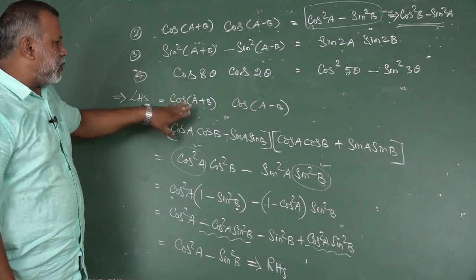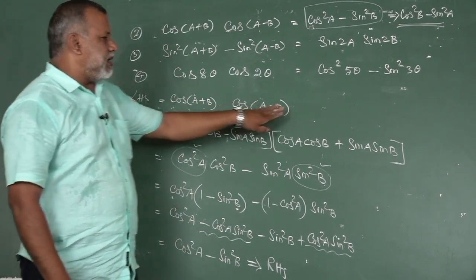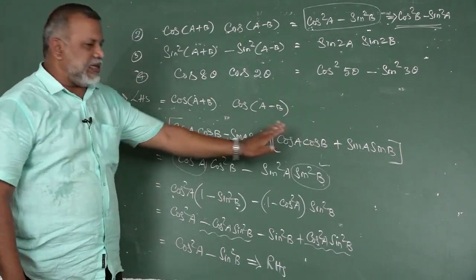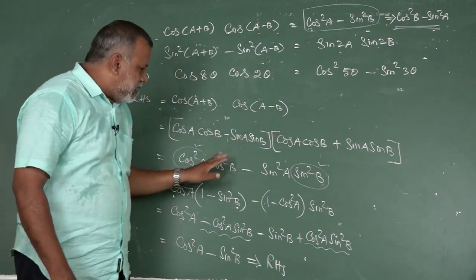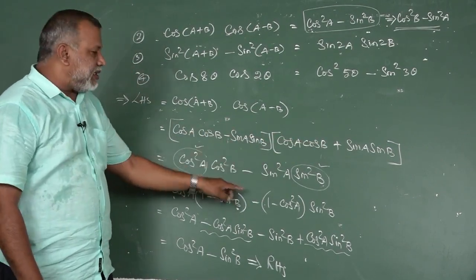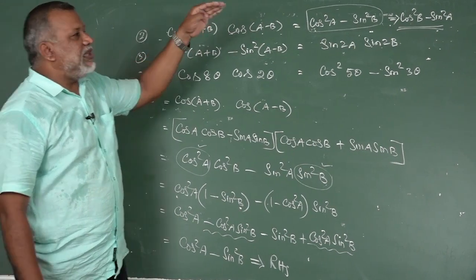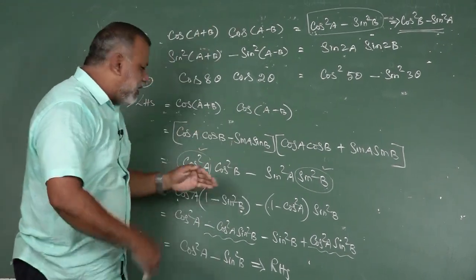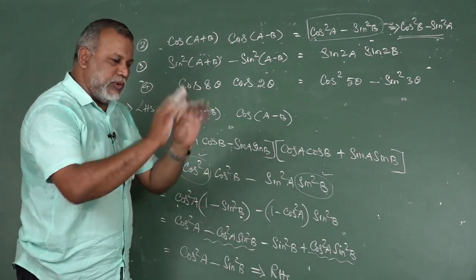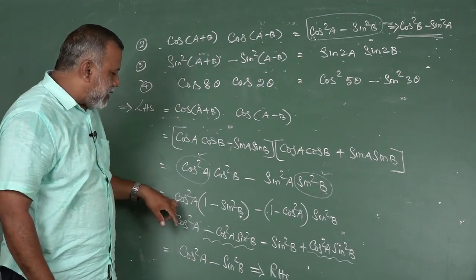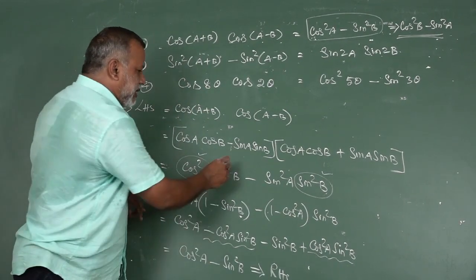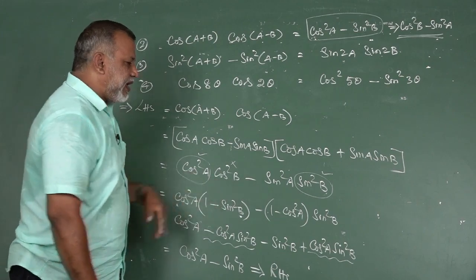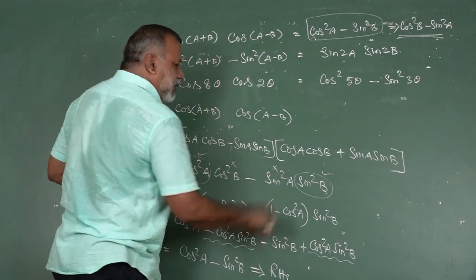So just use cos of A plus B and cos of A minus B, which is in the form of (a plus b)(a minus b), then just multiply. After that, see your proof. Which element we need, and which element is not wanted, that means removed. So cos squared A keep as it is, this is unwanted. In the same way, this is wanted, this is unwanted.